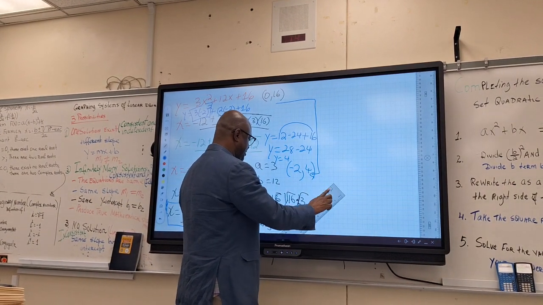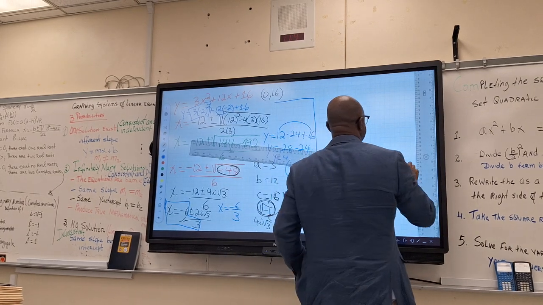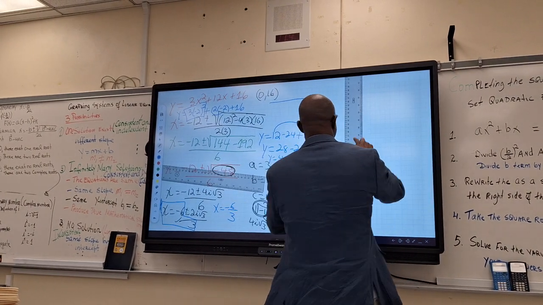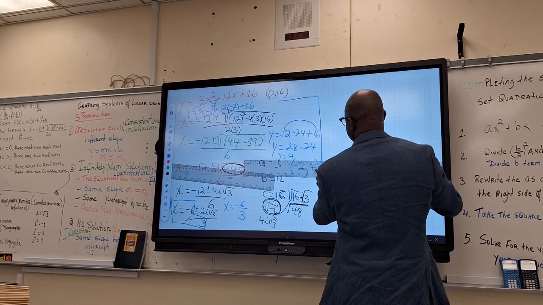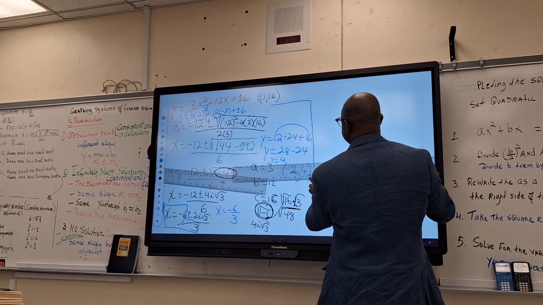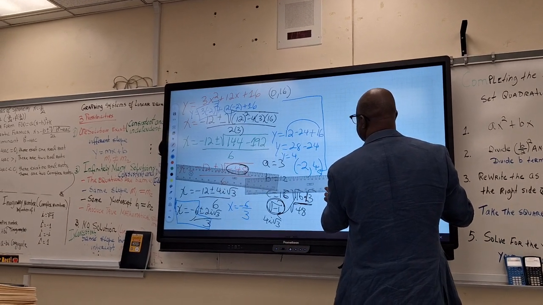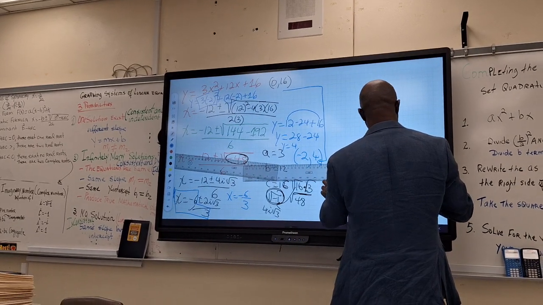So let's try to do this. I have too many overs. Right, so we need more space on the y-axis, so we're going to go 16 units up.